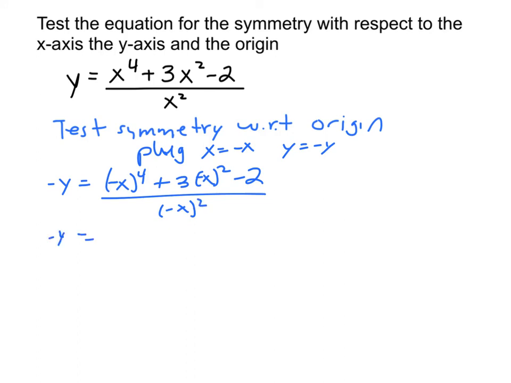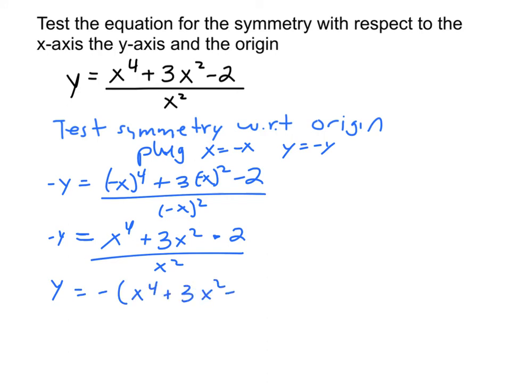The negative stays, but these negatives cancel because it's to an even power, x squared. Now if I divide both sides by negative 1 to solve for y, I would get negative x to the fourth plus 3x squared minus 2, divided by x squared.